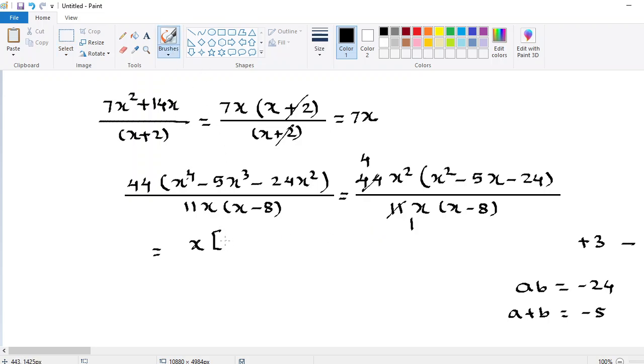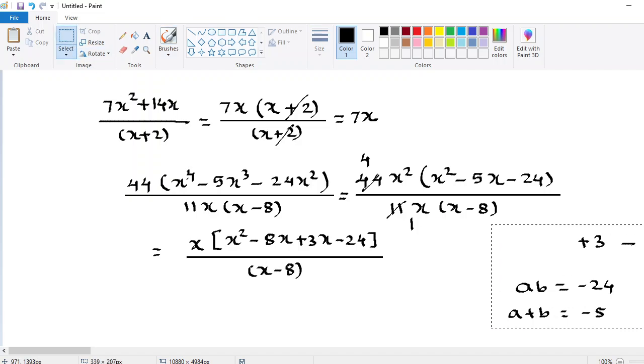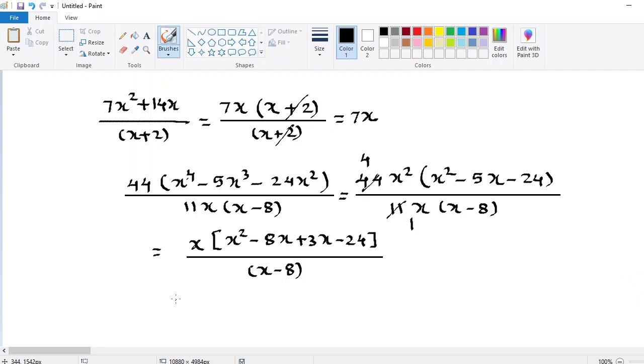So this is x square minus 8x plus 3x minus 24 divided by x minus 8, which is equal to x into, let us group these terms.